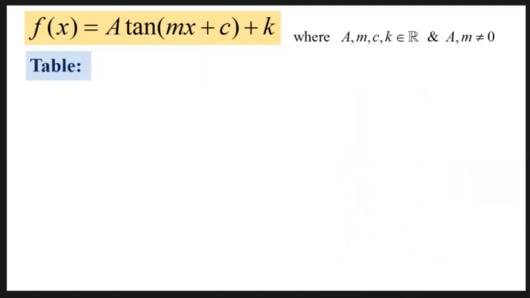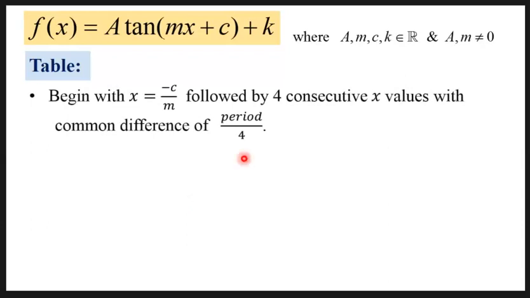Next, we will go on with the construction of the table for the case of tangent. We begin the table with the x value from the phase shift, followed by 4 consecutive x values with a common difference of the period divided by 4. Please be aware that we will have a vertical asymptote from mx + c = π/2 inside the table later.